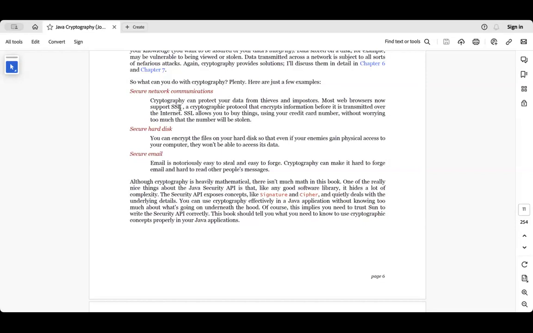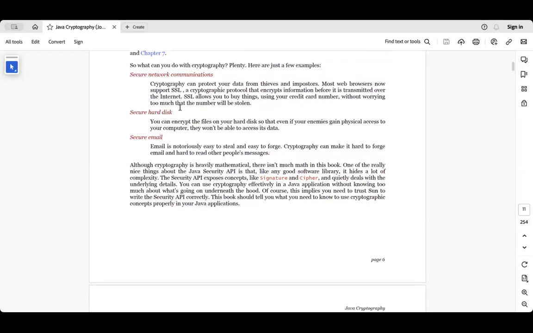Najua wengi wenu mnafahamu. Lakini pia kwenye slide I also mentioned that you can use cryptography to secure your hard disk. So in the book you can read more that you can encrypt the files on your hard disk so that even if your enemies gain physical access to your computer, they won't be able to access its data.